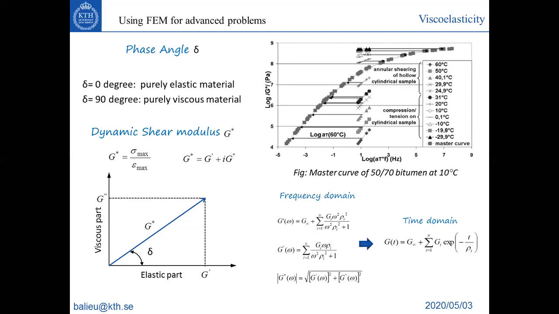So if you find the different values of G infinity and G_i for different tau_i, and if you know the Poisson ratio of the structure, you can also identify the Young modulus. So you can choose which experiment is appropriate depending on your material in order to identify the viscoelastic parameters.